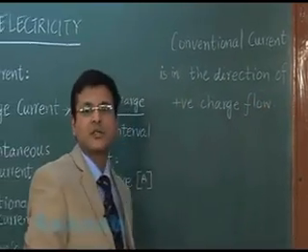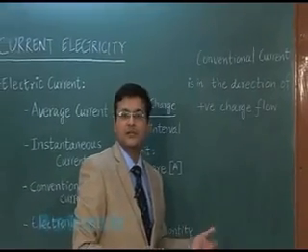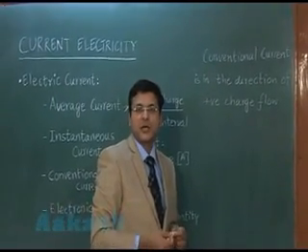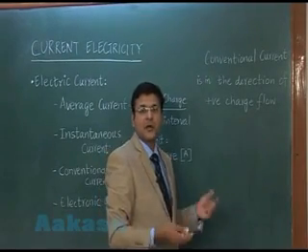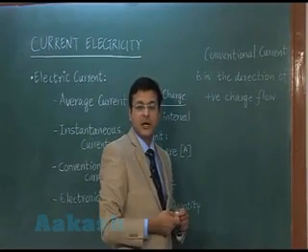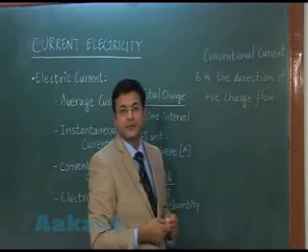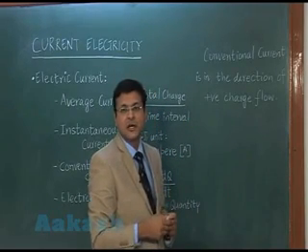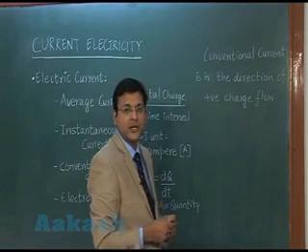Remember that in a particular situation, the electric current can be due to a positive charge flow, positive ions, and maybe due to negative charges, say electrons. But whenever we are using the term current, it is understood that this is conventional current, the direction in which positive charge is flowing.